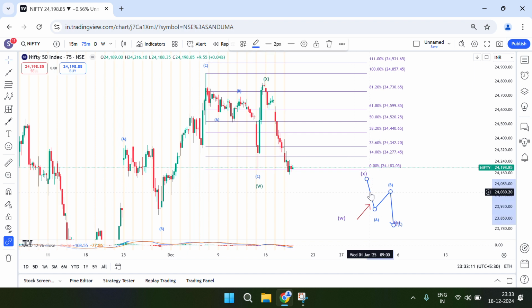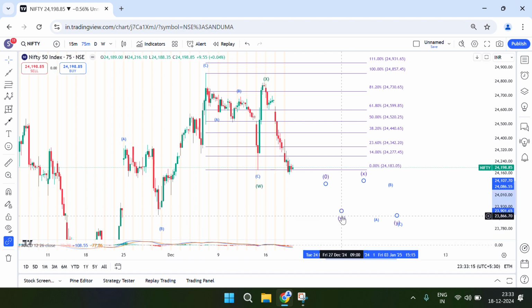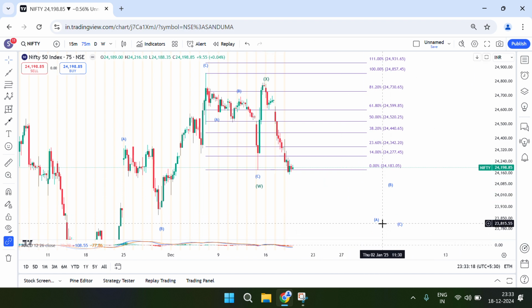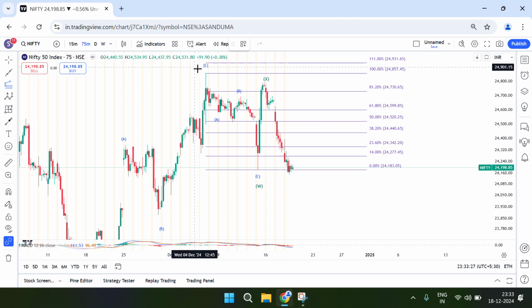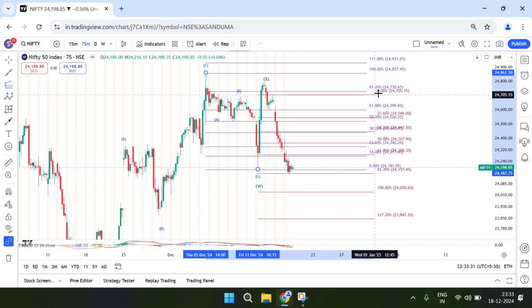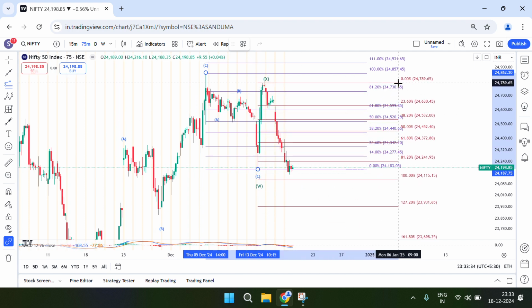Now let's see what is happening in the price currently. If you want to put a target or see where Y could be formed, we'll put an extension, and this is how it will look. Here I don't really see anything that is making a bigger impact.